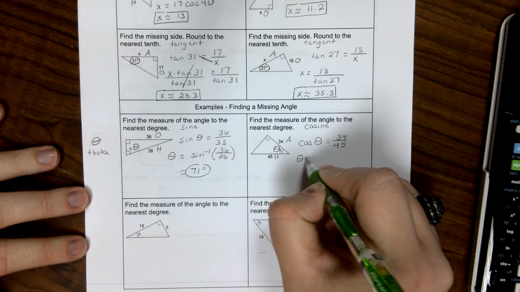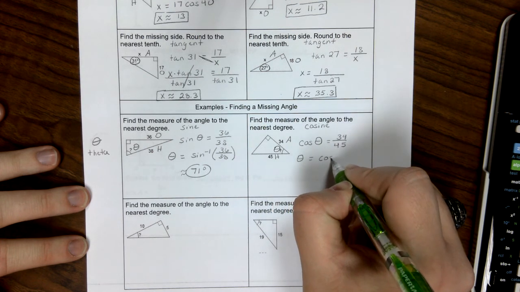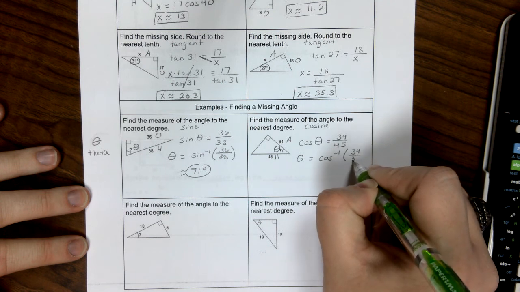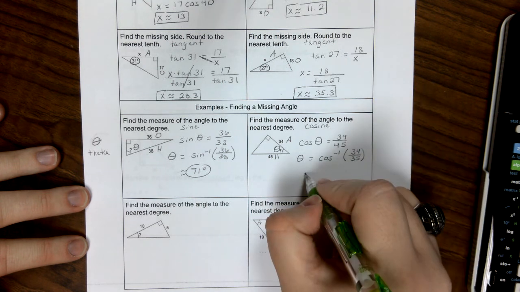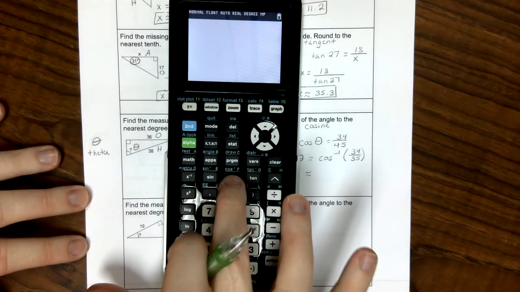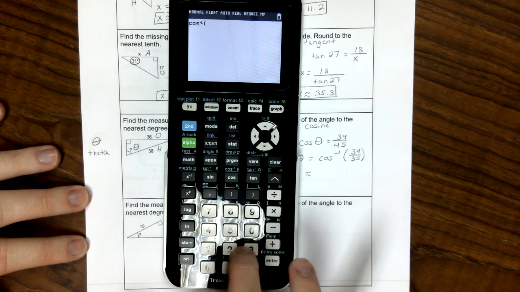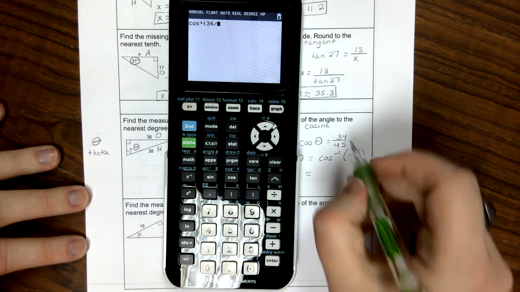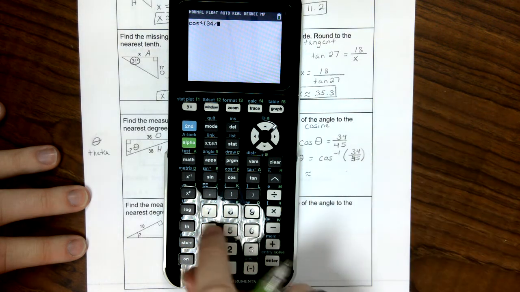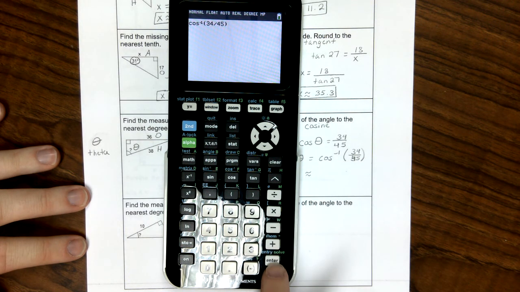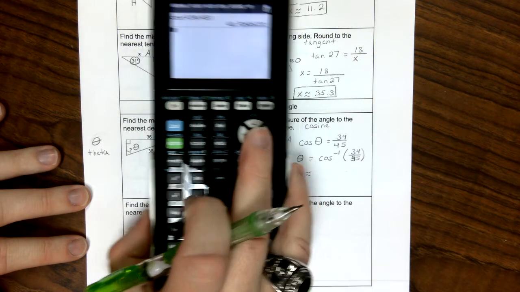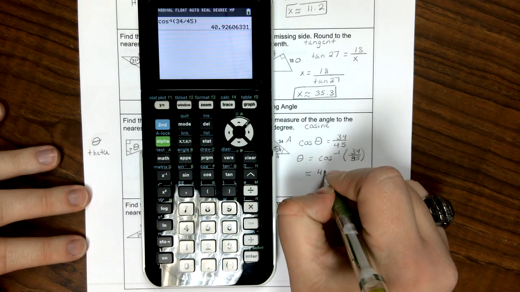This time we'll drop the cosine and make sure to put the inverse on the other side. We'll use inverse cosine to type that in. I'm going to type it in this way, divided by, oops, that is not 35, that is 45. That rounds to 40.9, so that's really going to be 41 degrees.